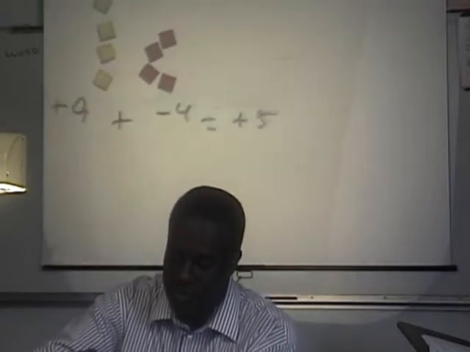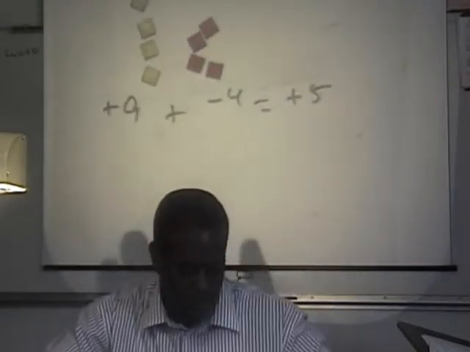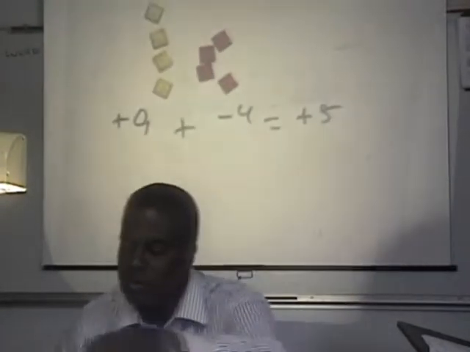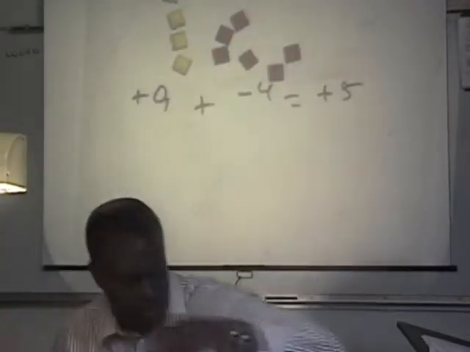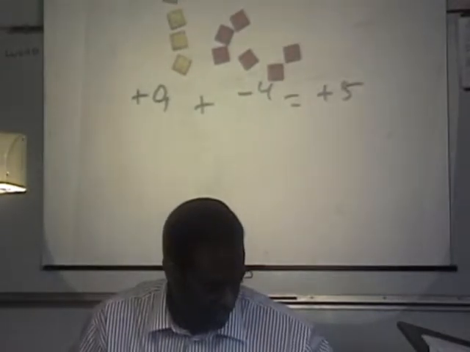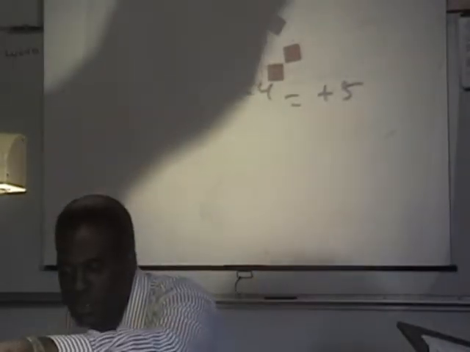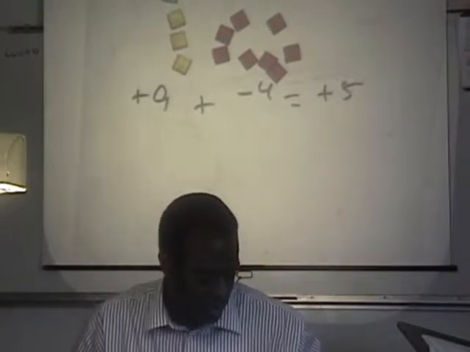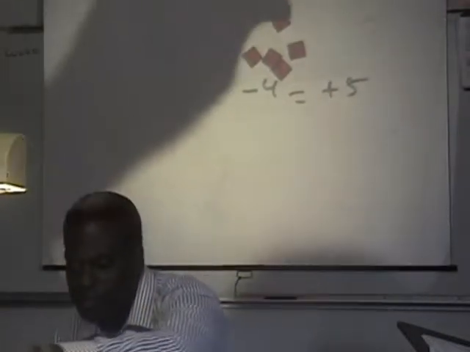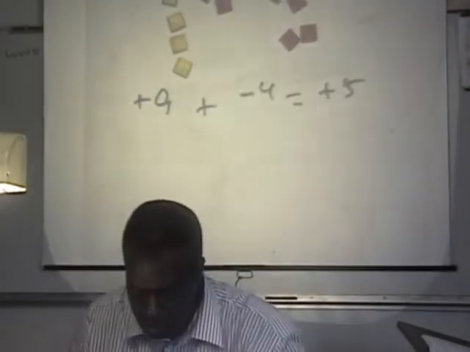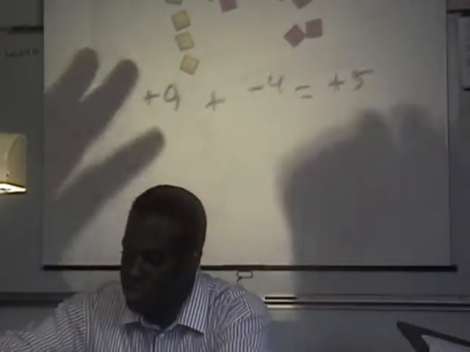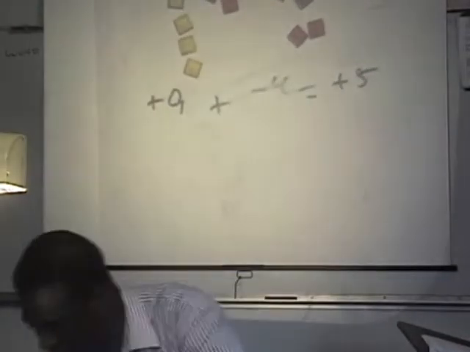Okay, let's put down 5, 6, 7, 8. Let's put down 10, okay? 10 negatives. Now, let's represent these as integers, okay?